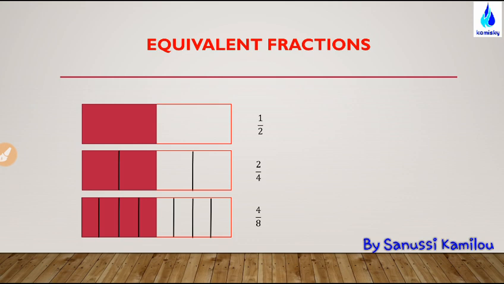Per what we have done, we will say that these fractions are equal. Why? Because we didn't change the paper. It's the same size of paper and the same shaded portion. We are just dividing, we are just breaking them down. So that is the idea behind equivalent fractions.